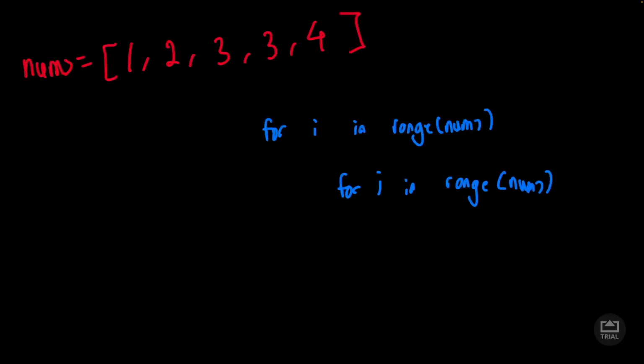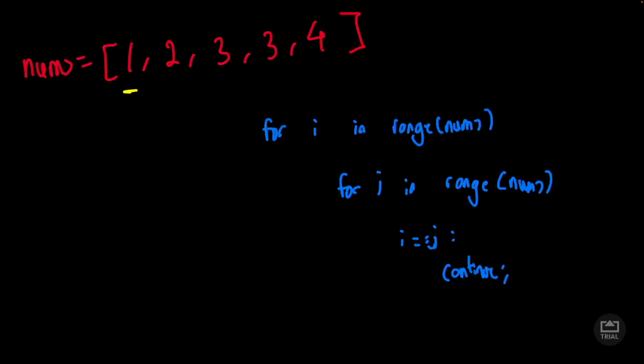Basically what this would do is loop through every single integer in nums, but within each iteration, we have another loop where we compare each integer to every other integer. One thing I actually have to add here is if i is equal to j, then we want to continue. The reason is we don't want to compare any integer to itself, because then it's always going to see it as a duplicate.